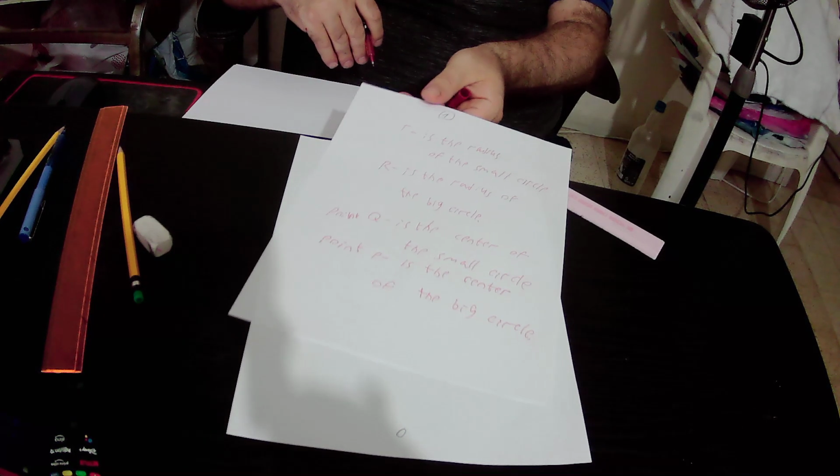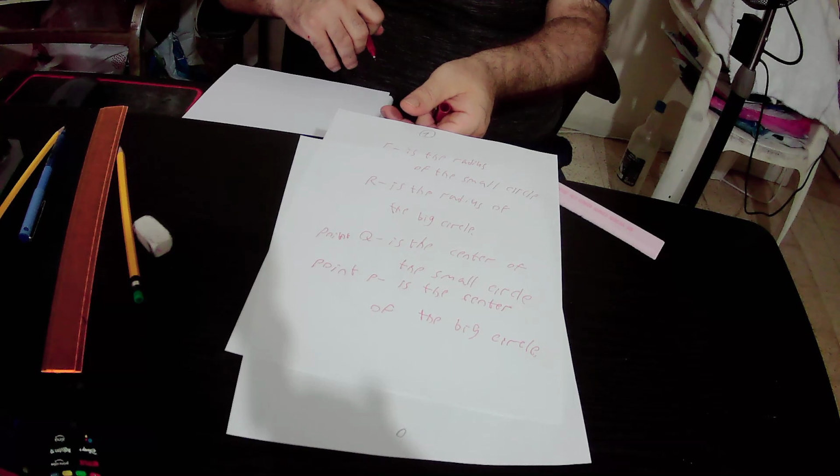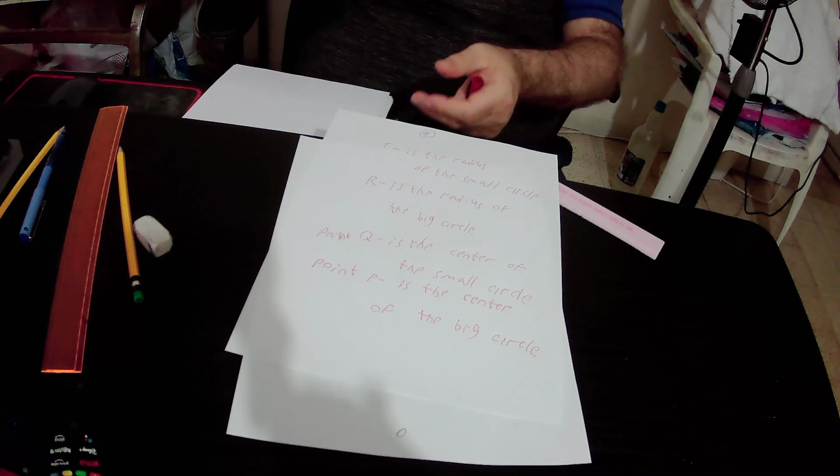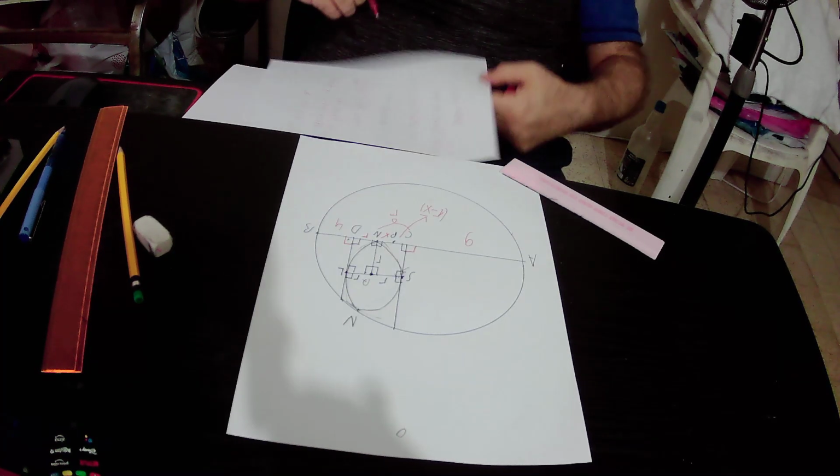Again, point Q is the center of the small circle, and point P is the center of the big circle. Okay?